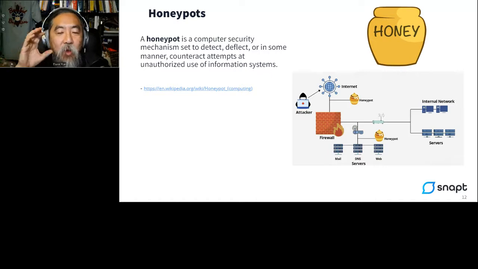And now what you get out of that is you learn what attack methods these attackers are using. How are they attacking your systems? What type of information are they trying to extract when they do attack and compromise your system? Who is the attacker? Where are they coming from? What is their IP address? Or are they attacking other systems?